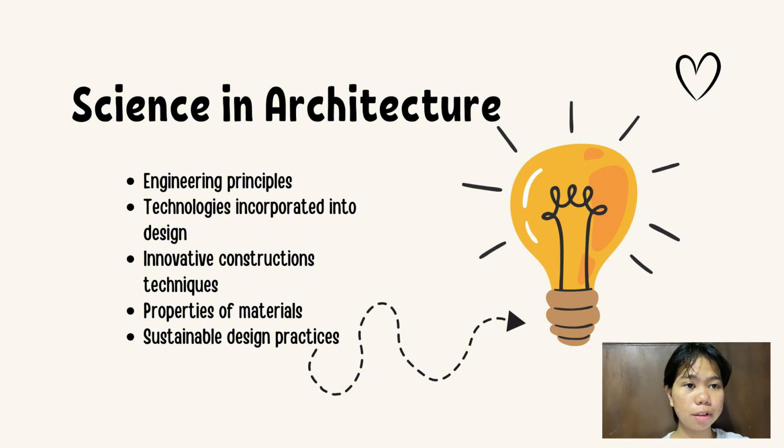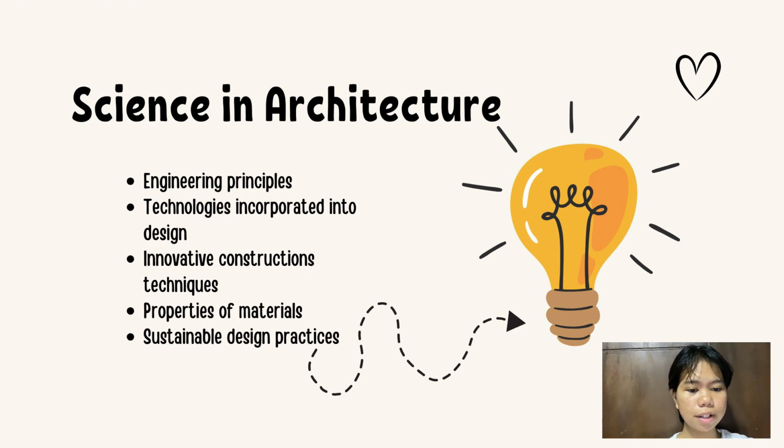It also includes the innovative construction techniques and the properties of materials that are being used that could affect the structure of the building, and then the sustainable design practices that were implied during the creation of this. And let's go on to its example.